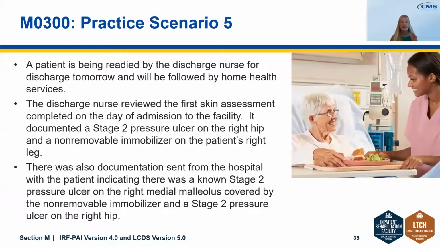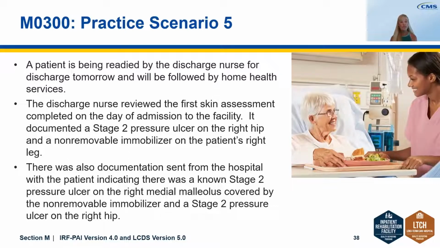Let's take a look then at scenario 5. The patient is being readied by the discharge nurse for discharge tomorrow and is going to be followed by home health services. The discharge nurse reviewed the first skin assessment completed on the day of admission to the facility, which documented a stage 2 pressure ulcer on the right hip and a non-removable immobilizer on the patient's right leg.